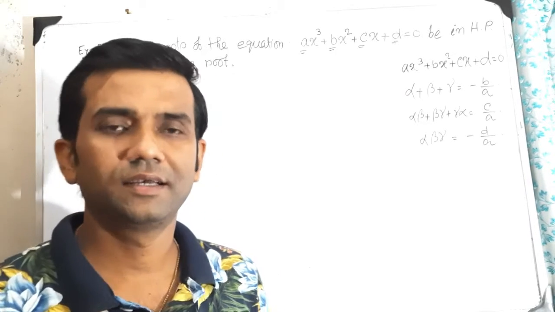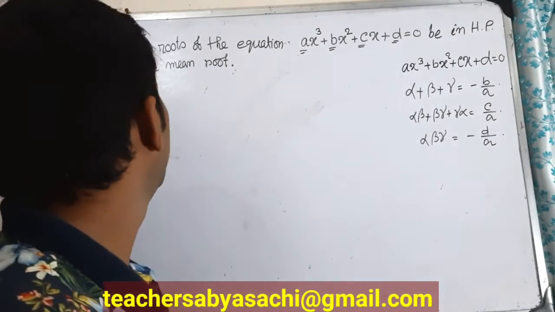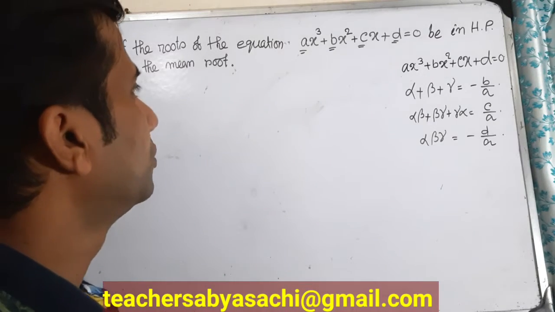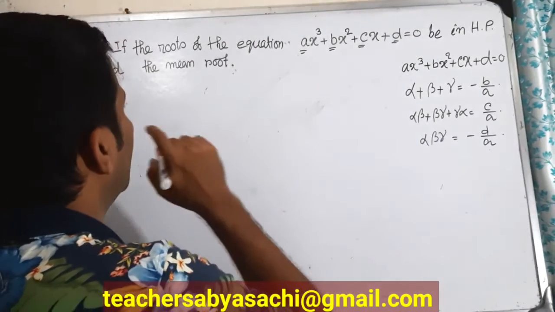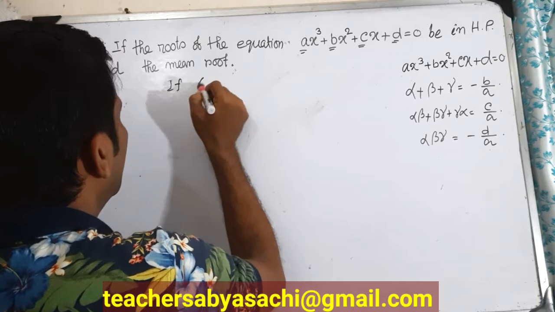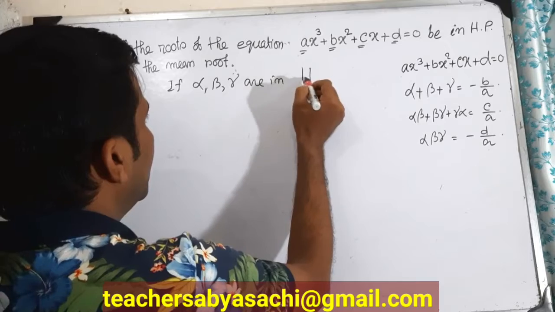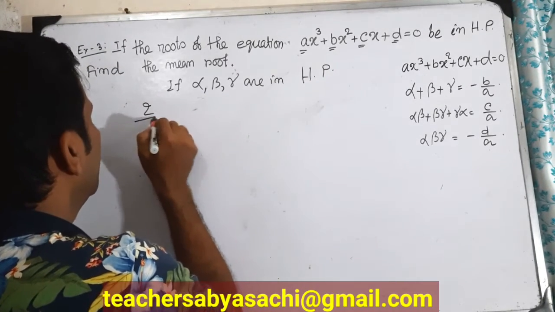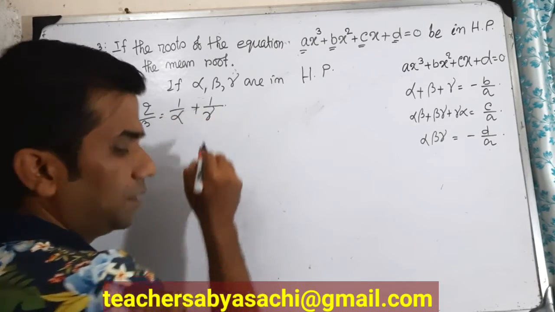Here it is given that the roots of the equation are in HP, then find the mean root. We know that if alpha, beta, gamma are in HP, then 2 by beta is equal to 1 by alpha plus 1 by gamma.